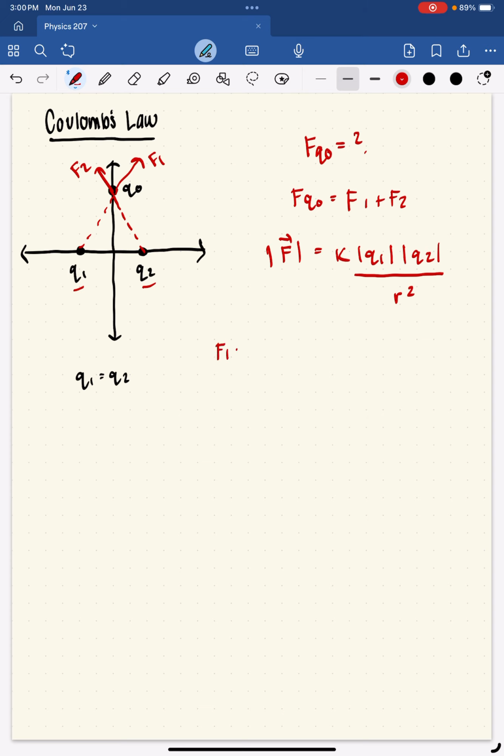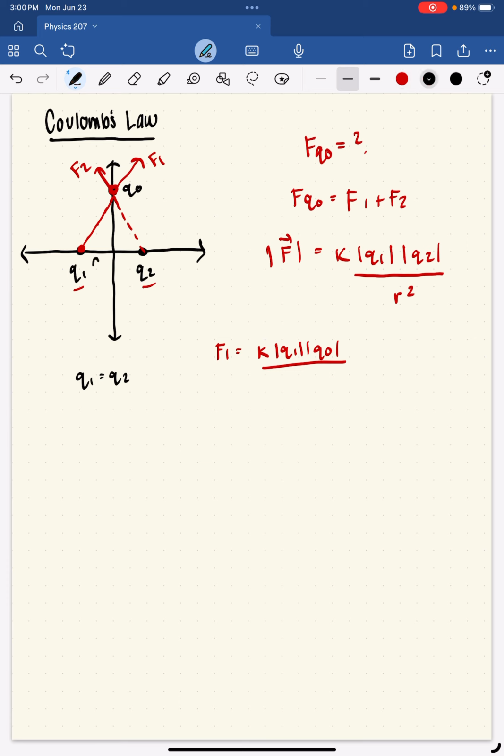So let's start with plugging in F1 into Coulomb's law using both of their components. So F1, let's do the x component first. So it'll be K. We know it's coming from Q1, so Q1 and Q0 it's acting on. And then the distance between Q0 and Q1 is just this hypotenuse right here.